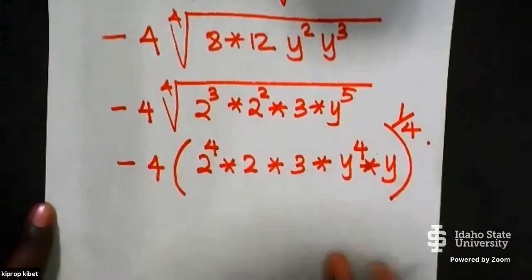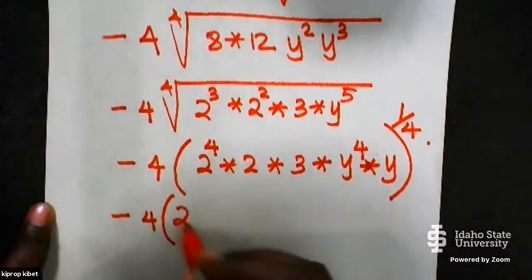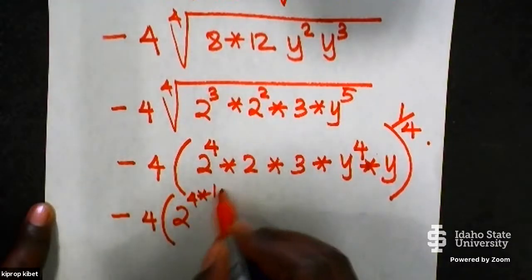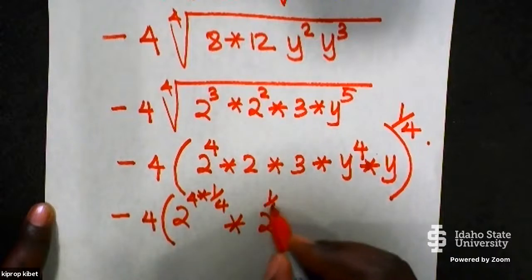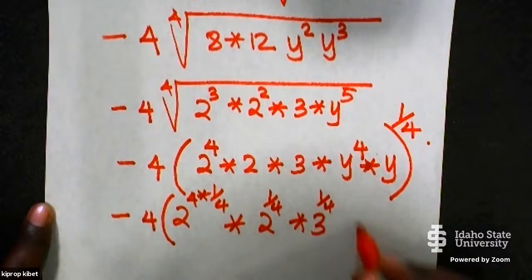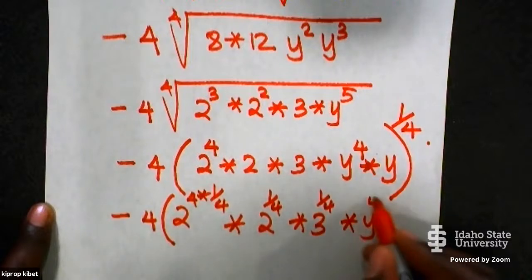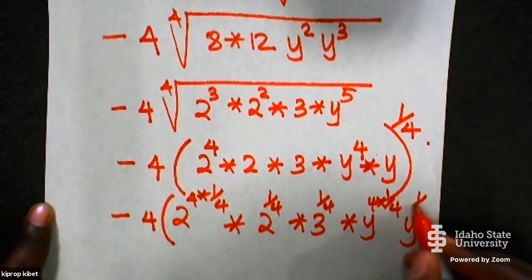So when you distribute the power, so minus 4, 2 raised to 4 times 1 over 4 times 2 raised to 1 times 1 over 4 times 3 raised to 1 times 1 over 4 times 4 raised to 4 times 1 over 4 times y raised to 1 over 4.